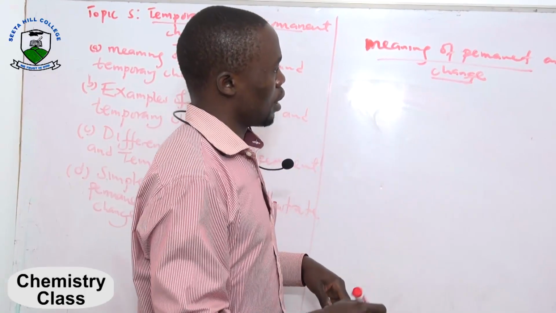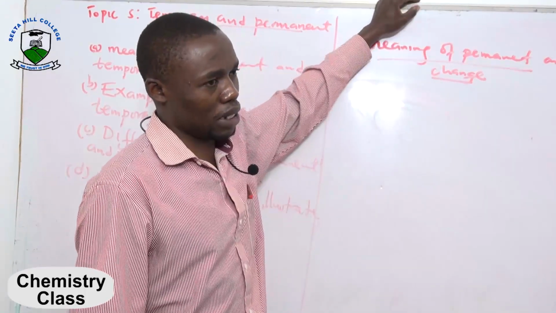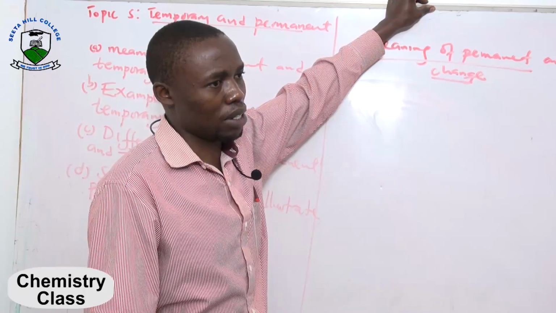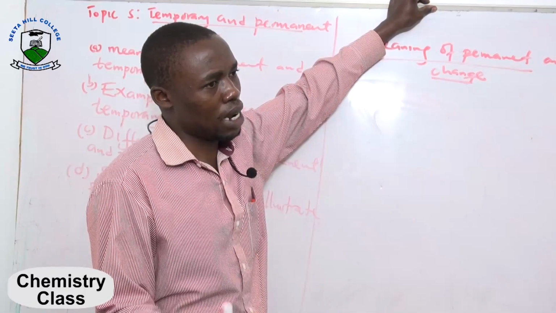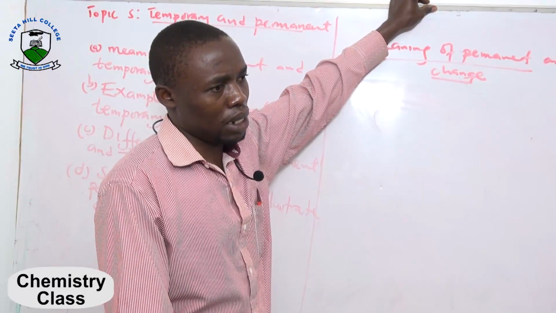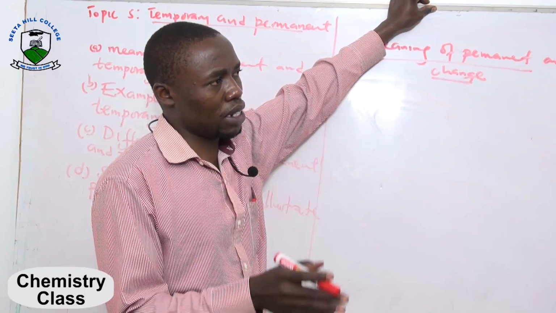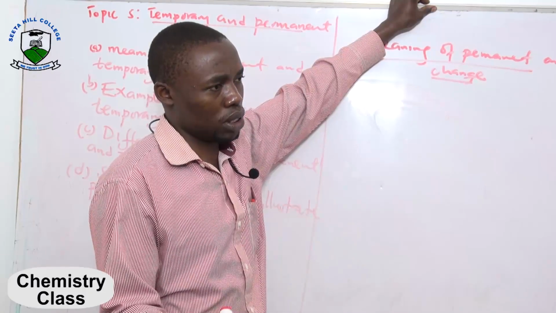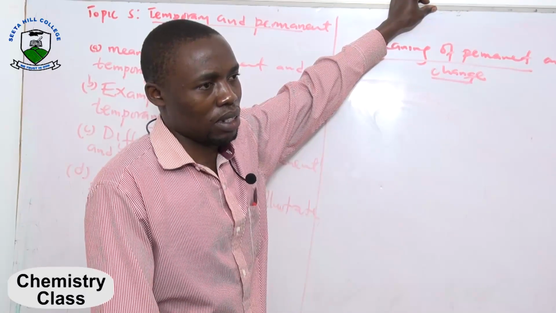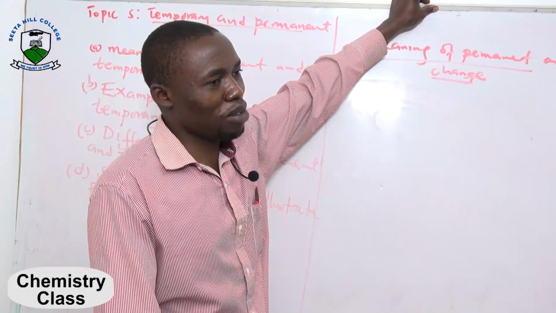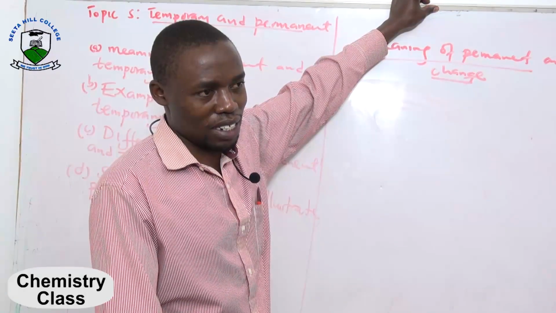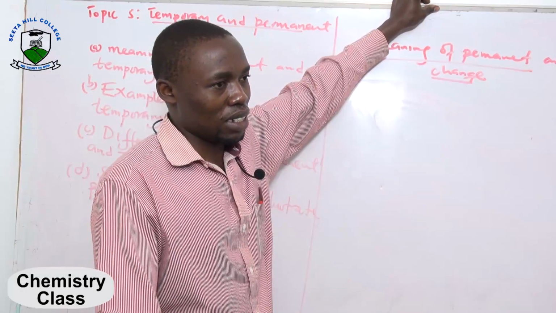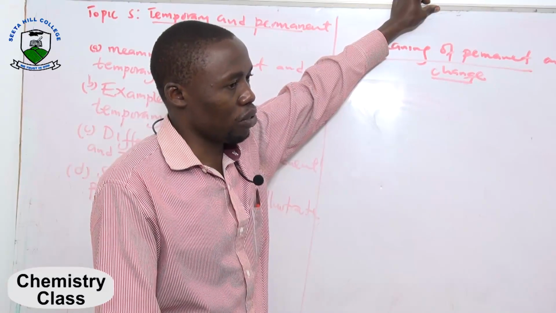Now, a permanent change is one in which a new substance is formed and cannot be reversed. Like you have a pepper, you are forming ash. That means there is a change in the chemical name of the original substance to the new substance. If the chemical name changes, there must have been something called a chemical reaction.